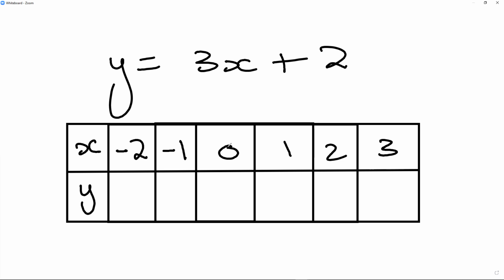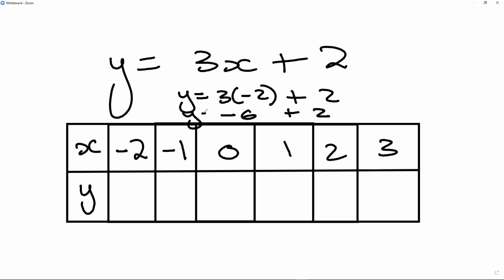There is a process of substitution involved in this, which looks like this. Y equals 3 times negative 2 plus 2. Now, 3 times negative 2 is negative 6, and negative 6 plus 2 is negative 4. So if I substitute negative 2, I'll get negative 4.